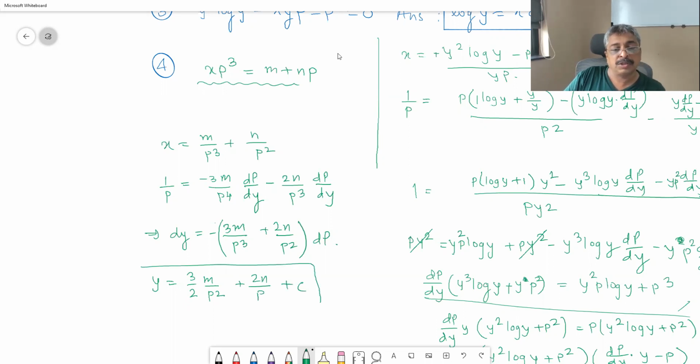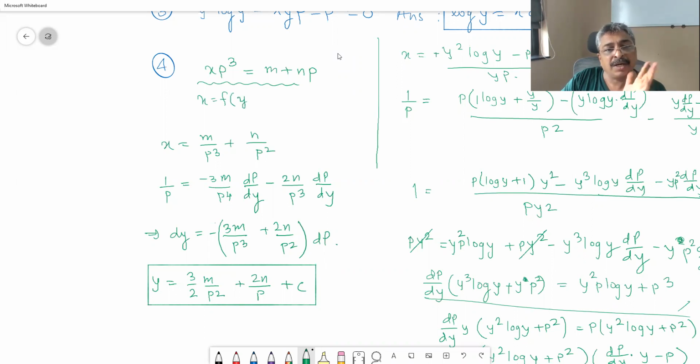Now this is one relationship of p and c, and this is the relationship of x as a function of y and p. So this equation talks about p as a parameter, which is the differential coefficient, and the other equation talks about p and c. So it is not possible to eliminate p from these two equations.